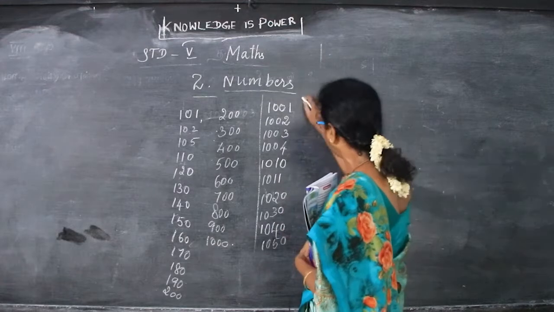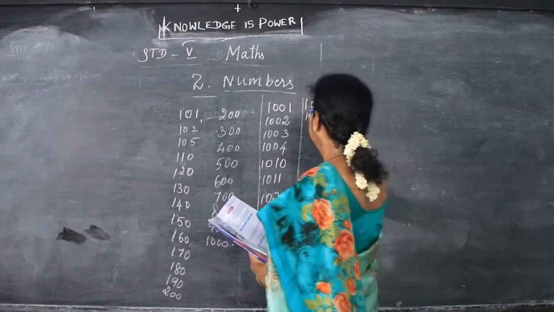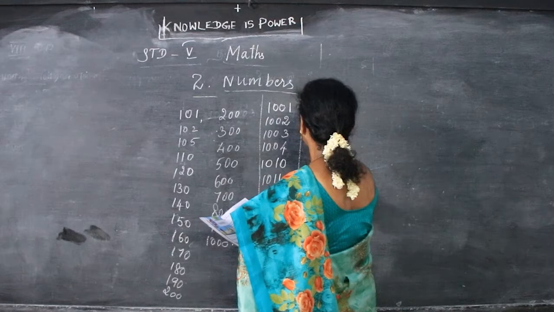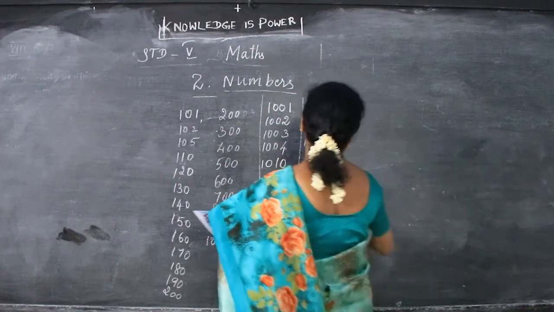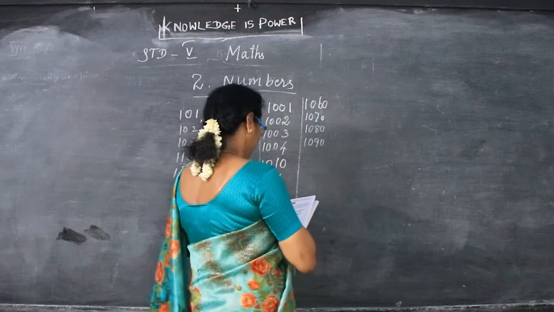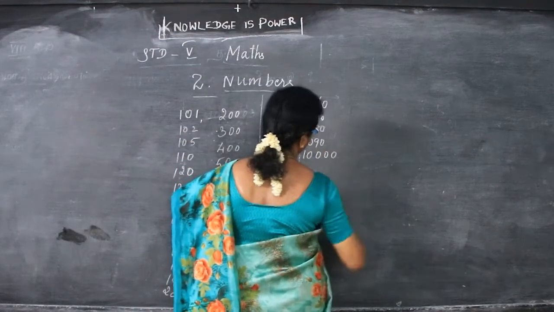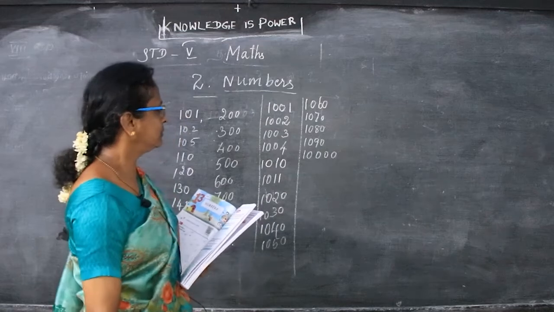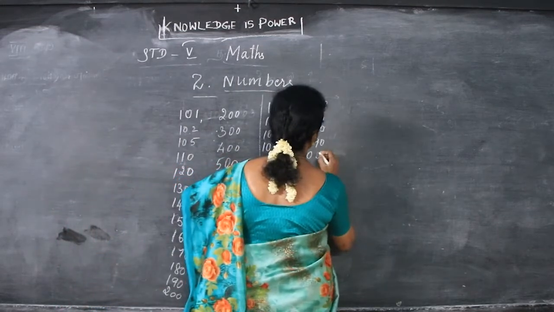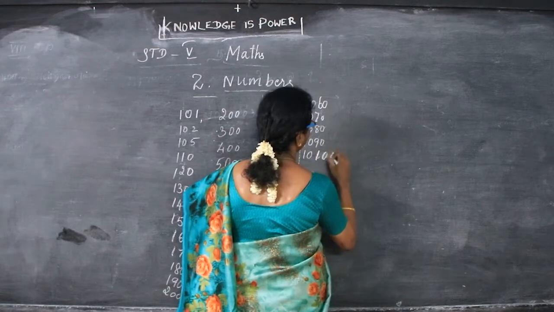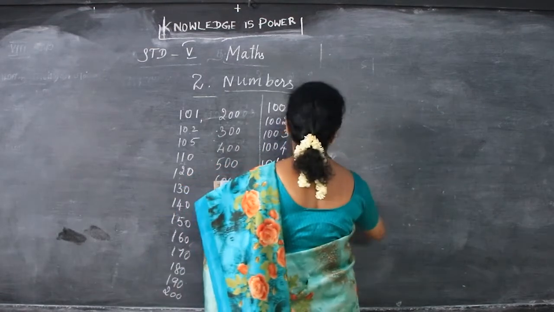Like this it will go on. 1060, I am counting by tens only, 1070, 1080, 1090, and after that 10,000. Correct? Sorry, 1,100. Okay, like this the numbers will go on.